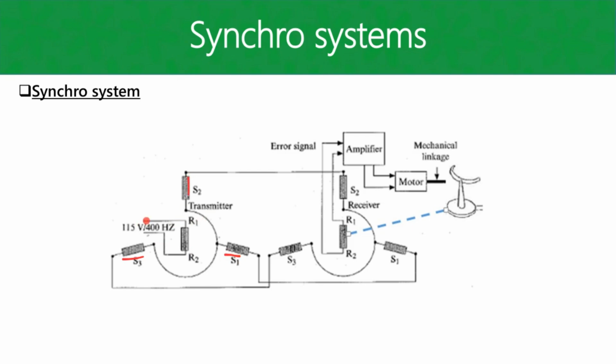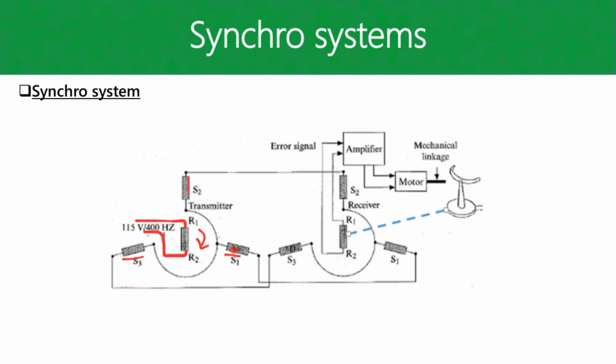On the transmitter side, you apply an AC signal to your rotating coil. So physically this coil rotates around in your transmitter. And depending on its orientation, that's going to induce voltages in these coils, so different voltages.